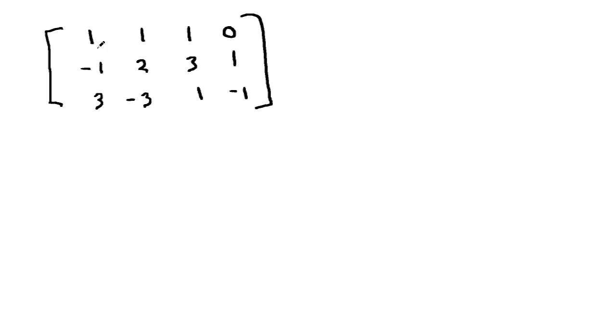Let's look at the first two rows. If we were to add those two rows, notice the 1 and the -1 would cancel here. So let's do that. Let's do row 1 plus row 2, and that'll be our new row 2.